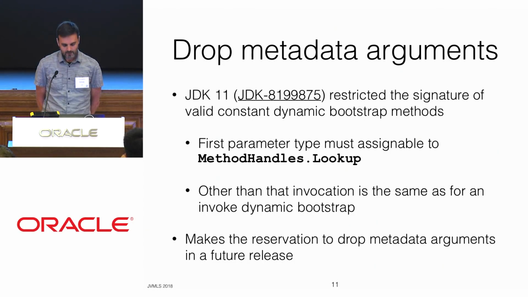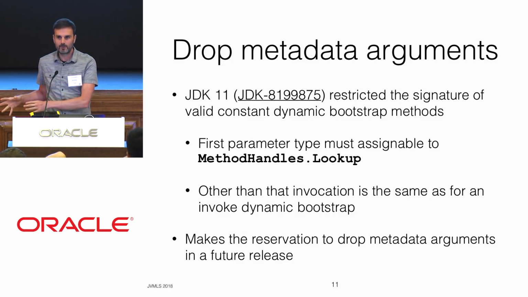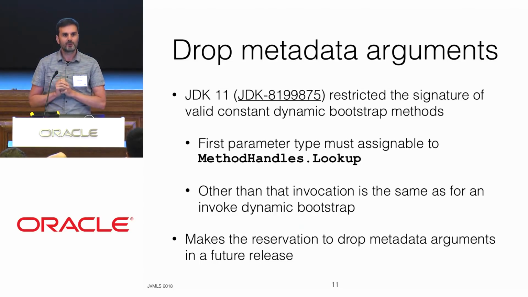So one thing we've been looking at is how we can drop these metadata arguments. In JDK 11, what we did was reserve space to make this possible in the future. And so we constrained ConstantDynamic Bootstrap methods in ways that indys aren't constrained. The first parameter type of your constant dynamic bootstrap method must be of Lookup.